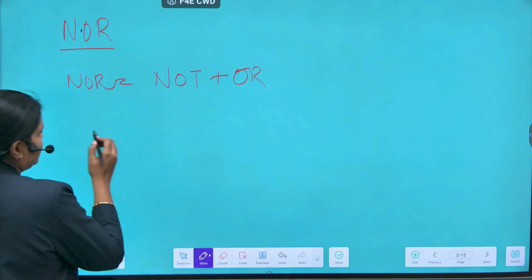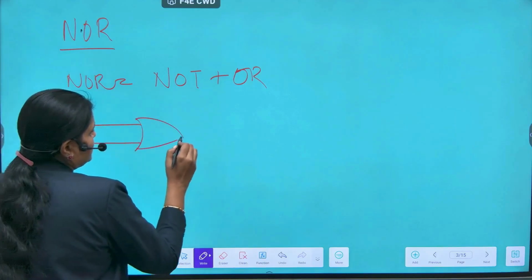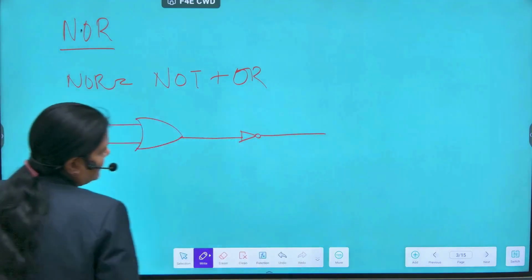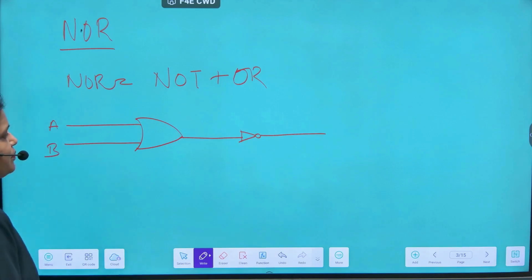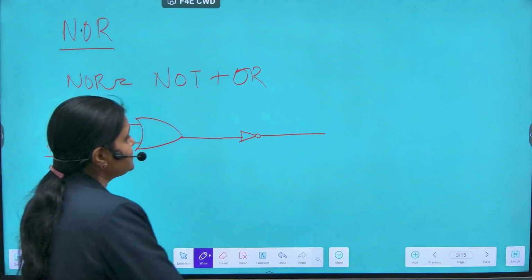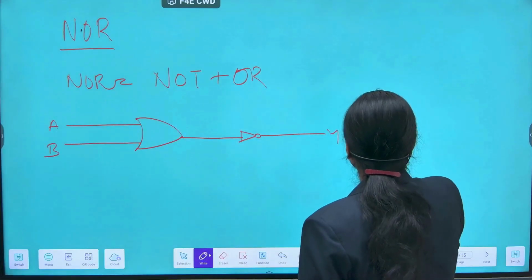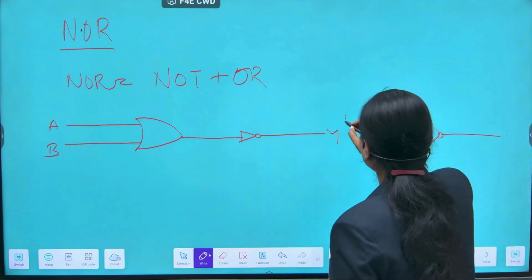So let's draw the OR gate first. So this is the OR gate and NOT gate. This also can have n number of inputs and it produces one output. So this can be redrawn like this.